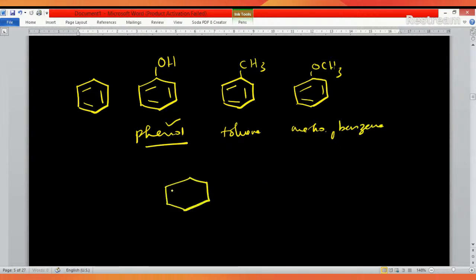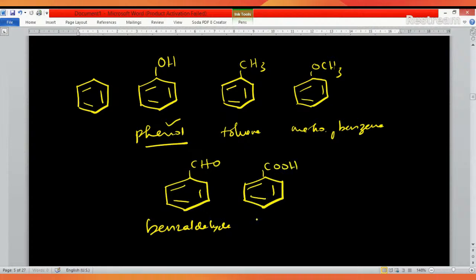And we will have the other one, CHO, as a functional group. It's an aldehyde. It is called benzaldehyde. It can undergo the electrophilic substitution reaction. Other one, COOH. It is called benzoic acid. That will also undergo the electrophilic substitution reaction. And even we can have NH2.